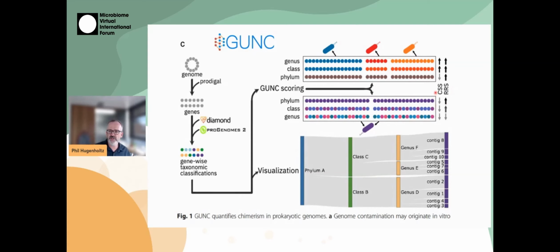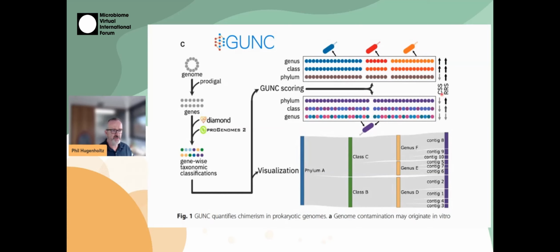It also uses CSS, which stands for clade separation score. This is looking at the individual contigs, so these represent contigs, to see if there is clustering of different classifications. In other words, that provides additional evidence that there's contamination if you've got a divergent identity for the organism all clustered onto one contig.